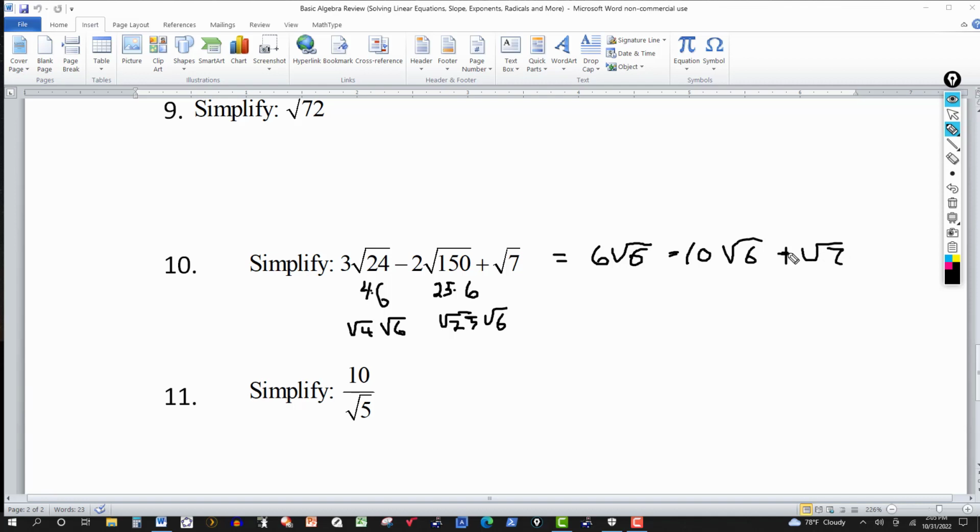So the ones I can combine are these right there. So this is just like if you had a 6x minus 10x. You can combine the coefficients, 6 minus 10, using your rules for signed numbers, is a minus 4. Bring down the square root of 6. And then bring down the square root of 7.